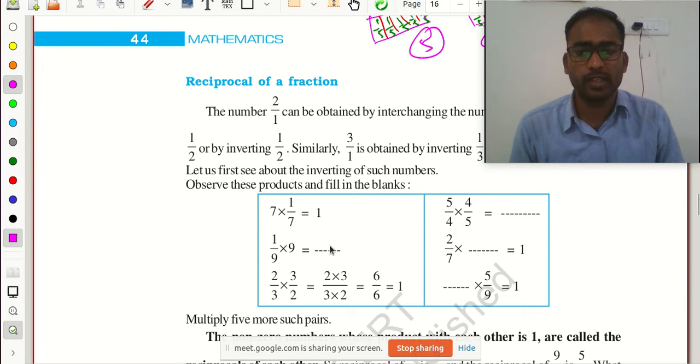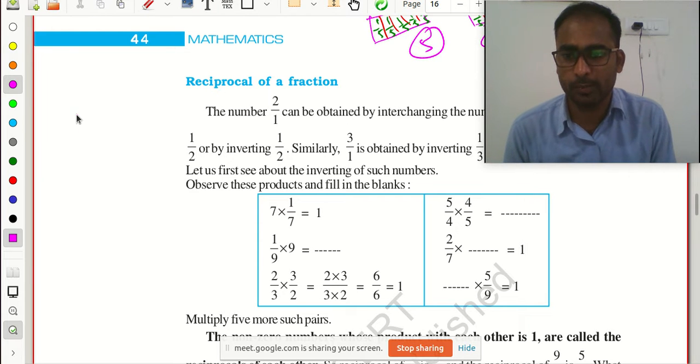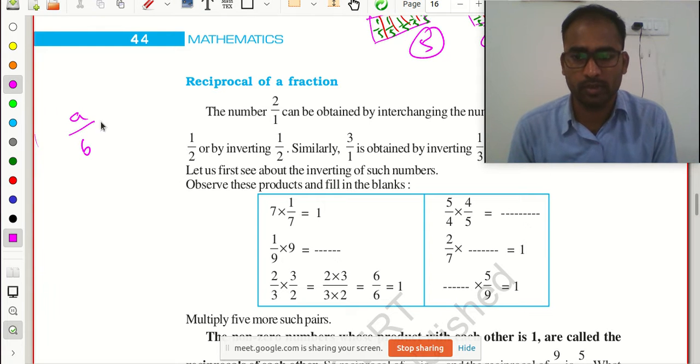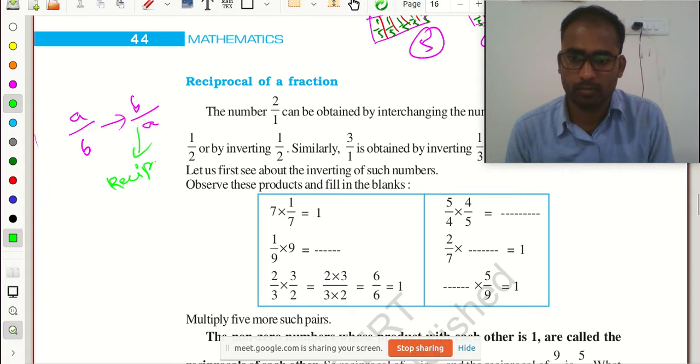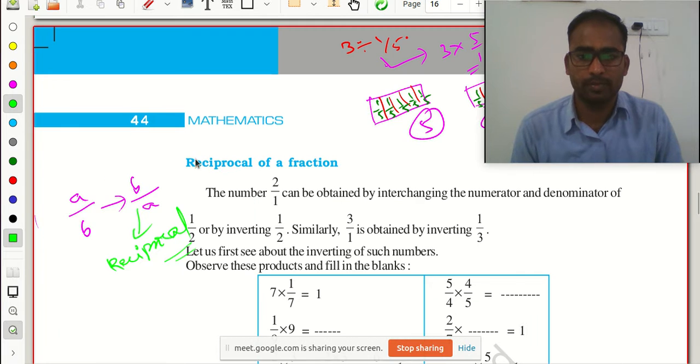Now, the reciprocal of a fraction. We already learned about the reciprocal. What is a reciprocal? For two integers, a divided by b, where a and b are the integers of this fraction, the reciprocal is b by a. Here this 2 by 1 is there.